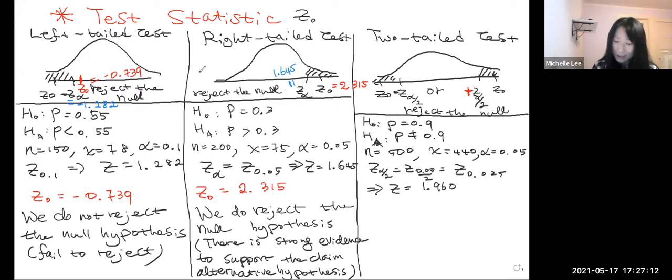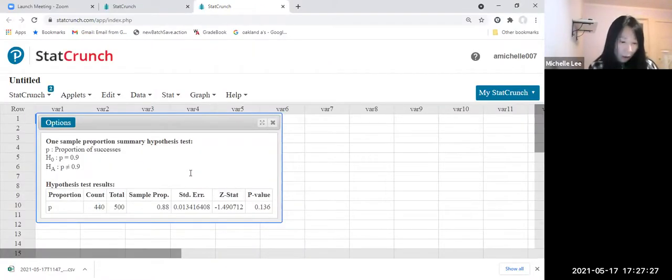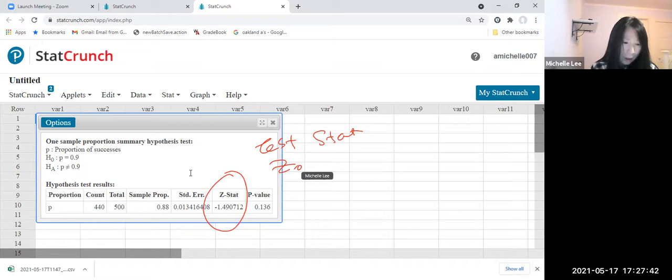All right, so let's use StatCrunch. Okay, this is StatCrunch. The test statistic, that's the Z naught, is negative 1.490712.